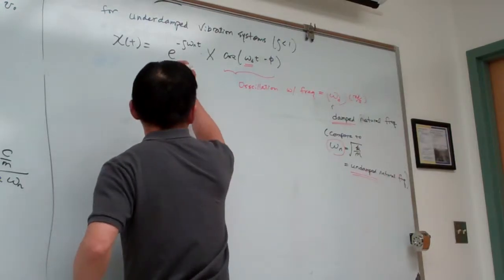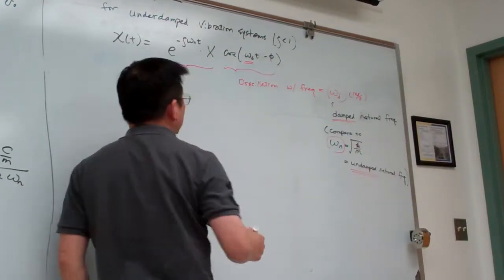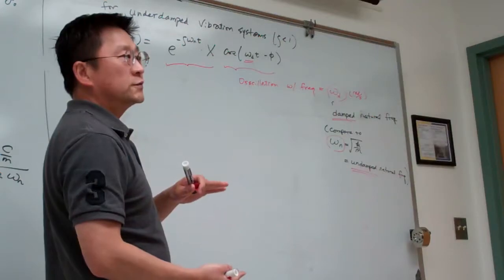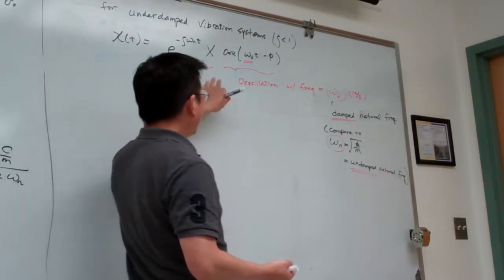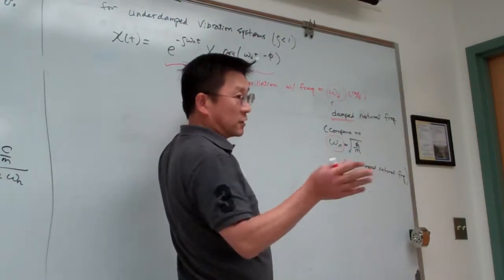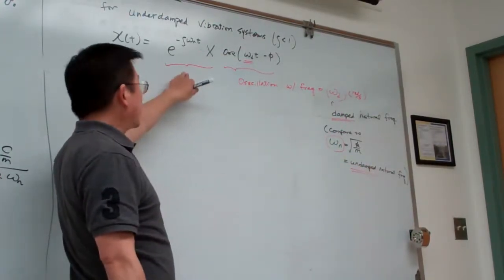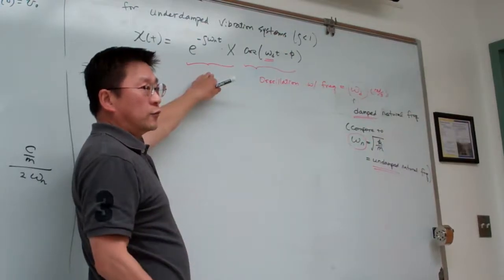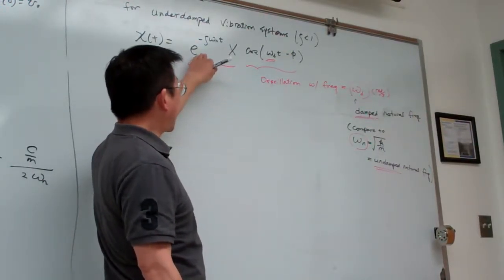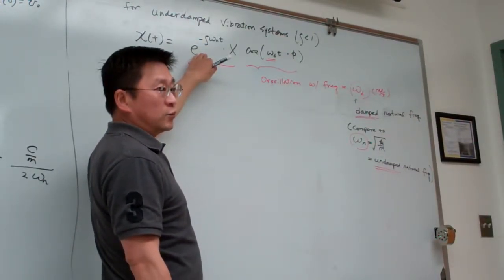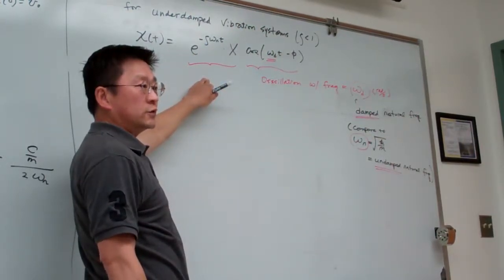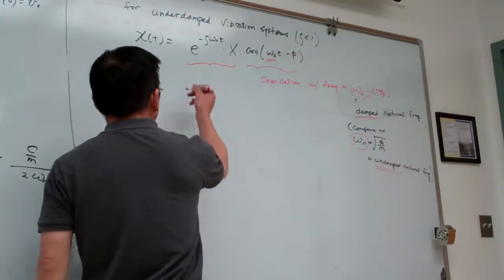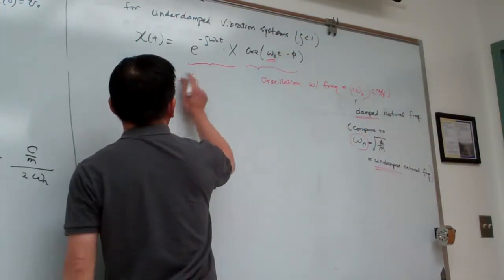The two terms together simply form a certain amplitude, and this really is the amplitude of these oscillations. However, this amplitude is not constant anymore. It is time varying. To be precise, this is an exponentially decaying amplitude. So this is the time.